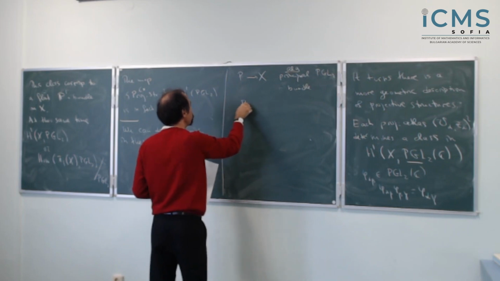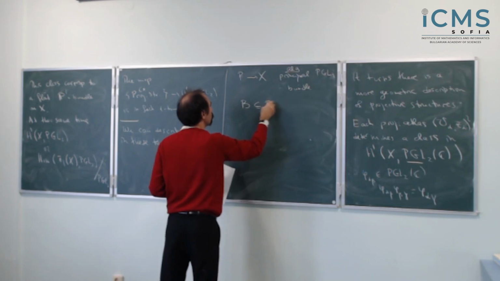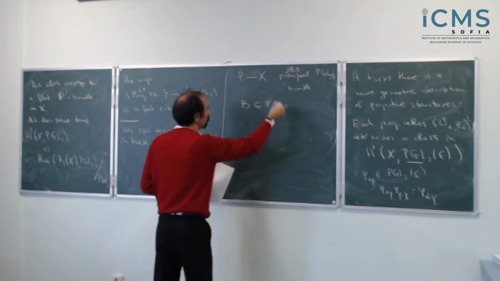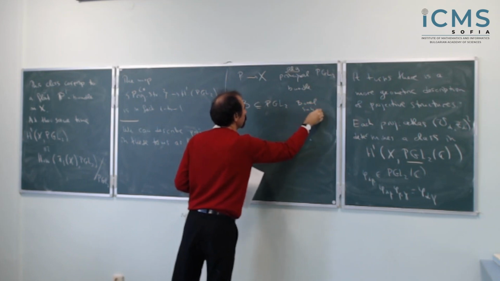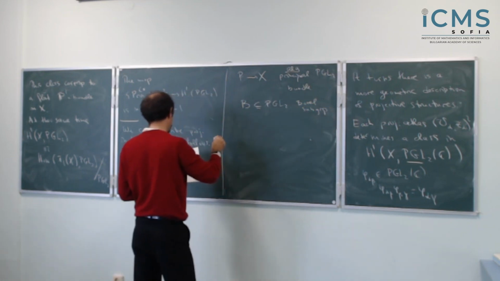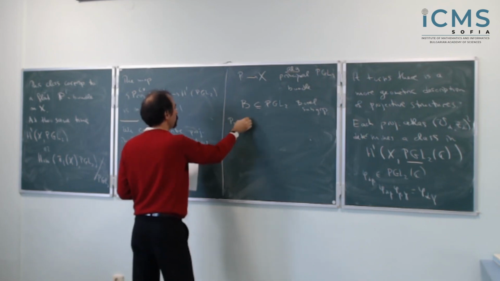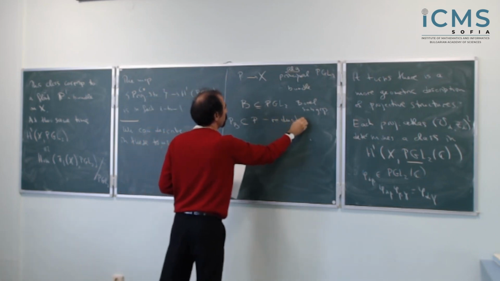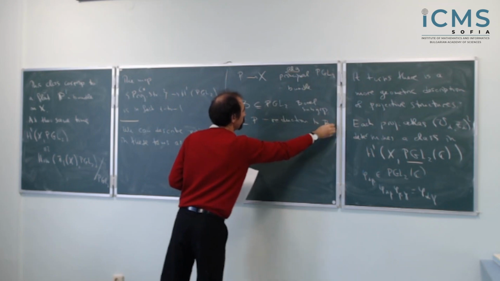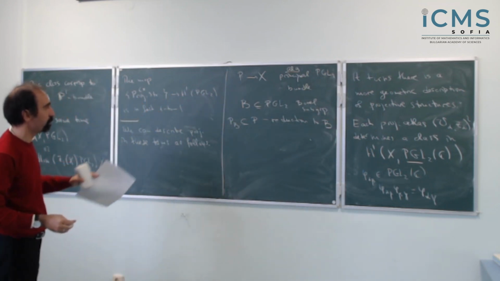We fix a parabolic subgroup in PGL2, so the upper triangular or the lower triangular. And we look at the reduction. So let's say P_B is a reduction of the PGL bundle to a B bundle.